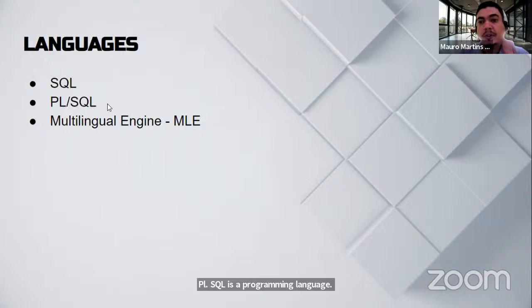It's the main programming language used on Oracle database. And multilingual engine is for other languages. Currently Oracle supports C, Java, and JavaScript code. And in the future, Oracle can create other languages inside the database.